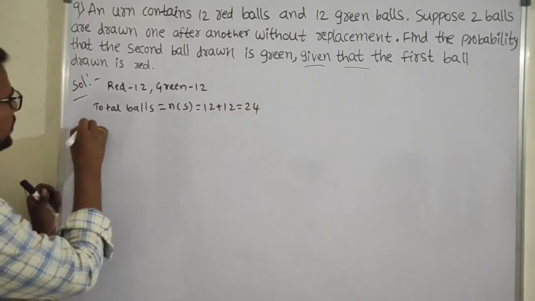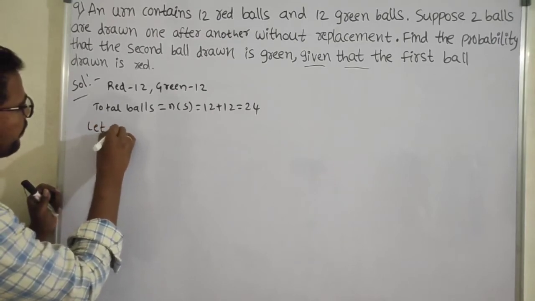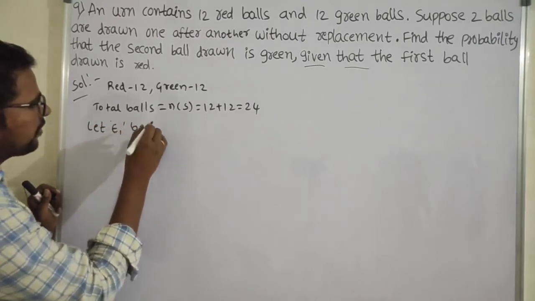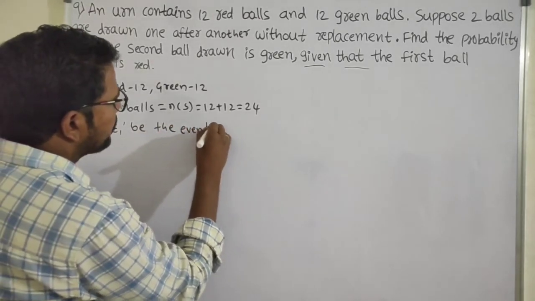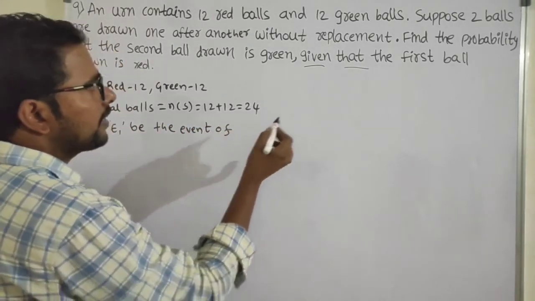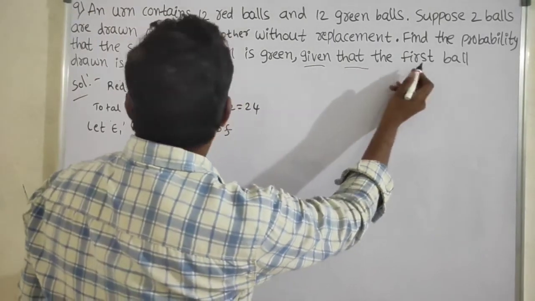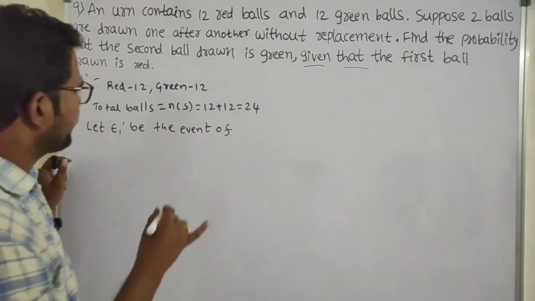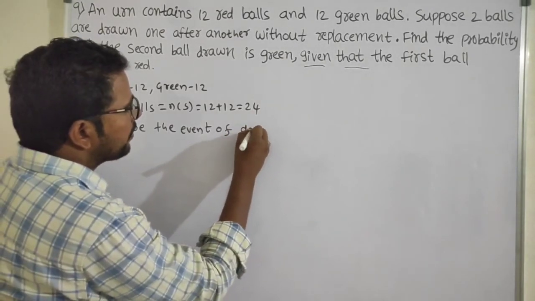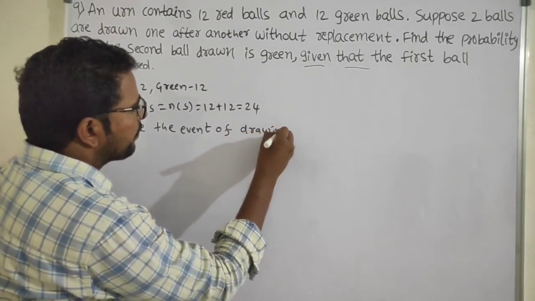Now take the event. What is the given? Given that the first ball drawn is red. So let's take E1 to be the event of drawing a red ball.